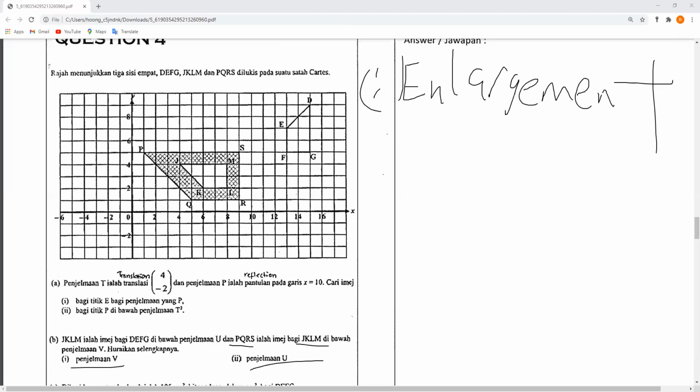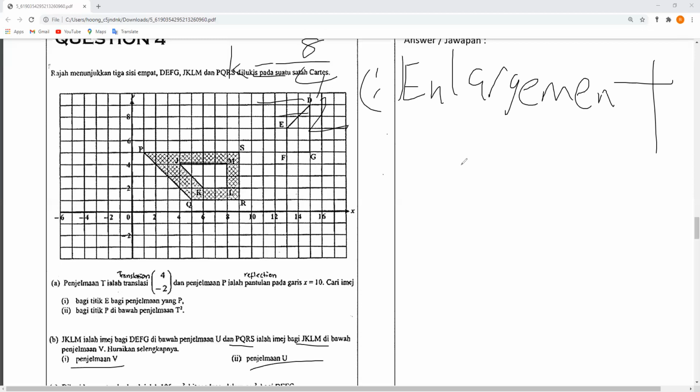So it's like this. You can draw the line here. As you can see, the image of the object, for the image, you can see PS is 8 units. So to calculate the scale factor, k equals 8 over 4.